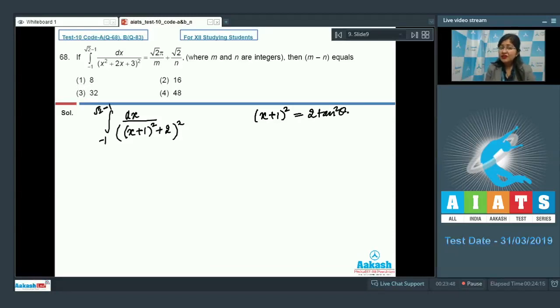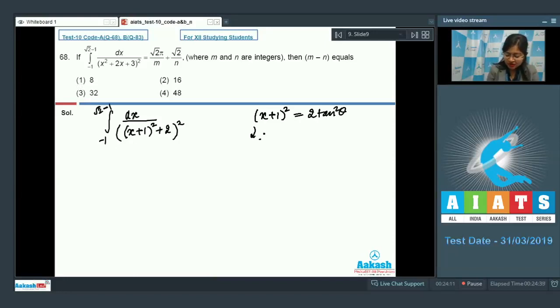Now why have we done this substitution? Because if I put (x + 1)² equal to 2 tan²θ, then in the denominator if I take 2 common, 1 + tan²θ can be written as sec²θ, and its derivative will also be of that form, so some terms will get cancelled, right?